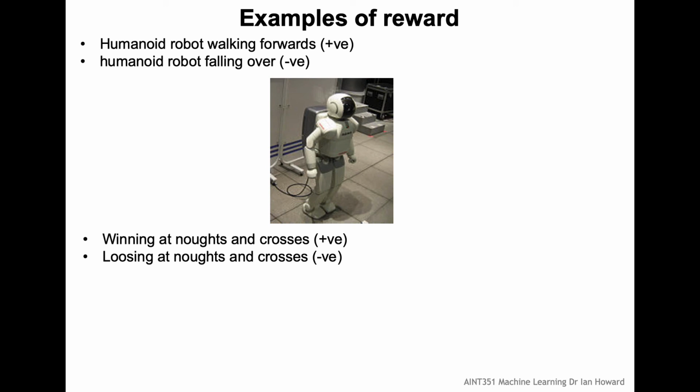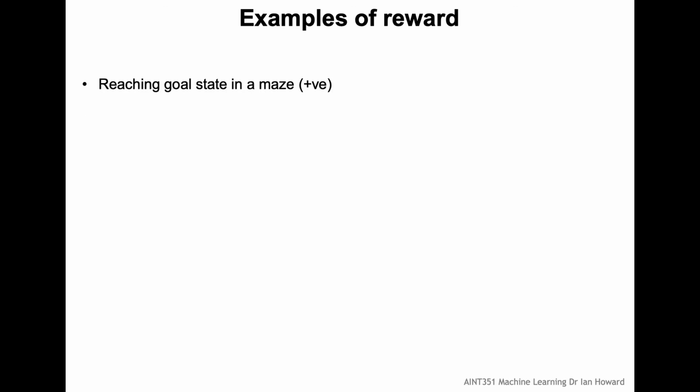So all the actions you did in the state space at those particular times seem to be good. If you lose, then you did something wrong, and some of the action-state relationships were not ones you should have taken, right? And like I said, if you get to the goal in a maze, that's brilliant. You finally got there. You've got your reward value, and that's exactly what you wanted.